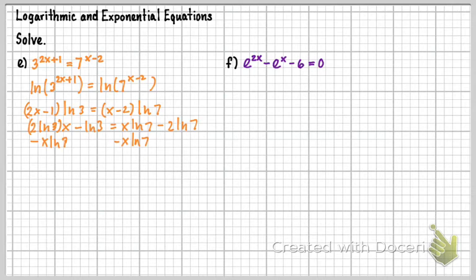And I'm going to add ln of 3 to both sides because I want to get rid of this over here. So I get on the left side 2 ln of 3 times x minus ln of 7 times x, and that's going to equal ln of 3 minus 2 ln of 7.